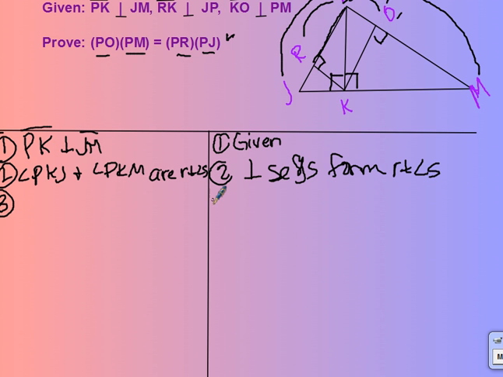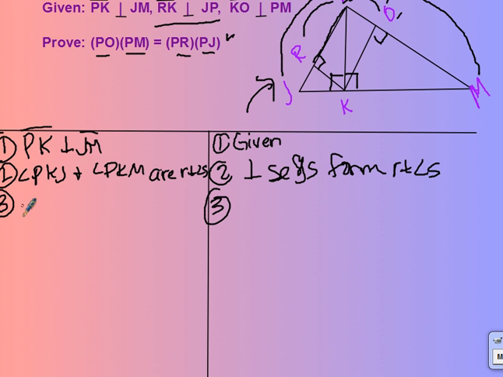All right, so let's move on to number 3 and see where that takes us. Let's focus on this little triangle here. We've got a right angle in there. Let's grab this next statement and establish that PR times PJ is PK times PK.